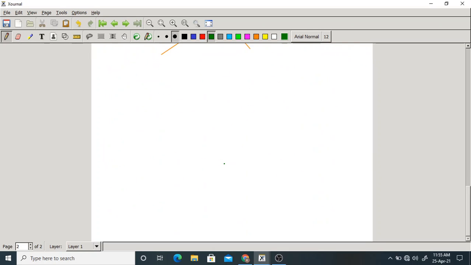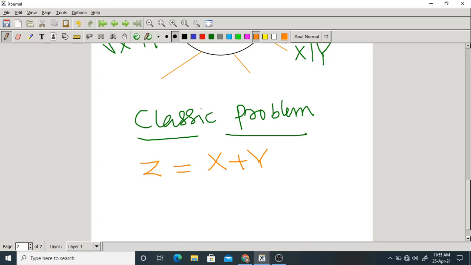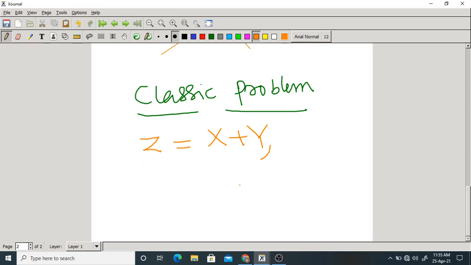Now, let us take the classic problem: z is x plus y. What is given to us? You are given the joint PDF of x and y.